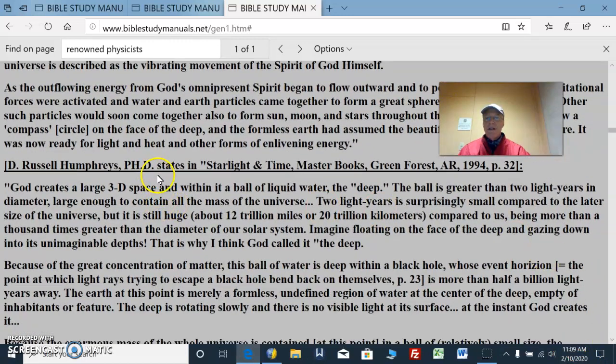So Dr. Humphreys continues in his book, Starlight and Time. God creates a large 3D space, and within it a ball of liquid, the deep.